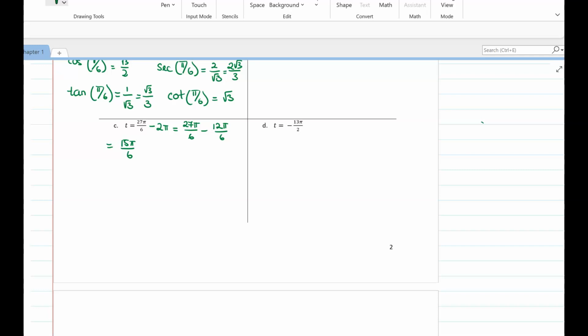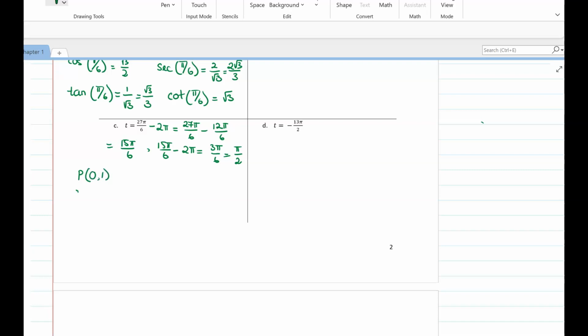It's not between 0 and 2 pi. So I'll do that one more time, and simplify this to get pi over 2. So on our unit circle, the terminal point for pi over 2 is 0, 1.